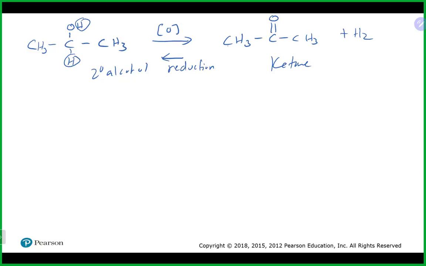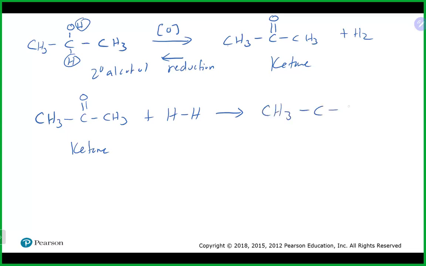And it works the exact same way. If you started with your ketone and you add your hydrogen back in, what is the first thing I should do here? Make the double bond into a single bond. And again, everything else is going to be exactly the same.